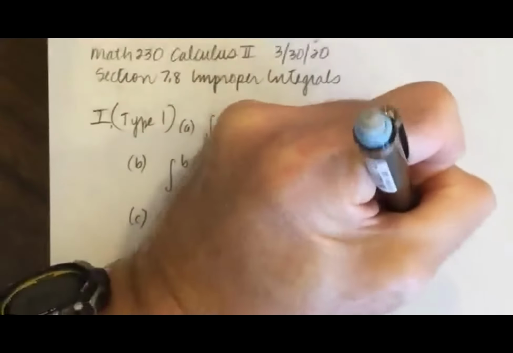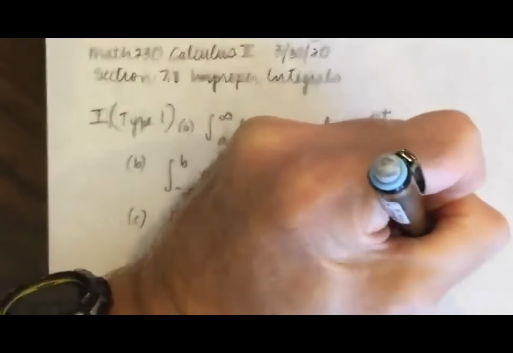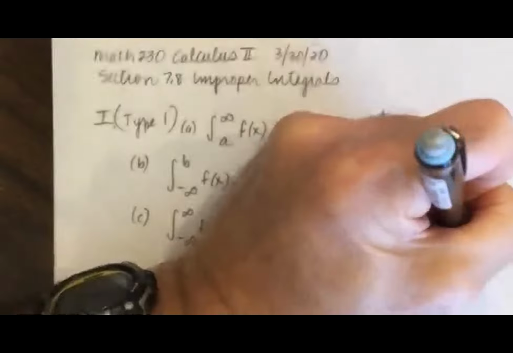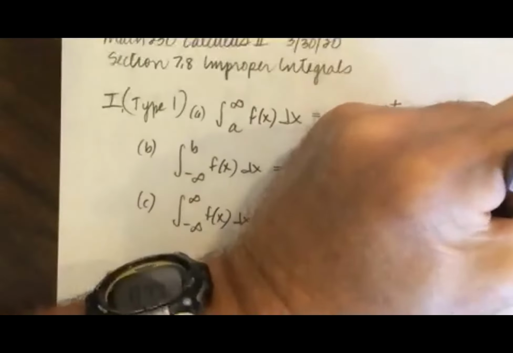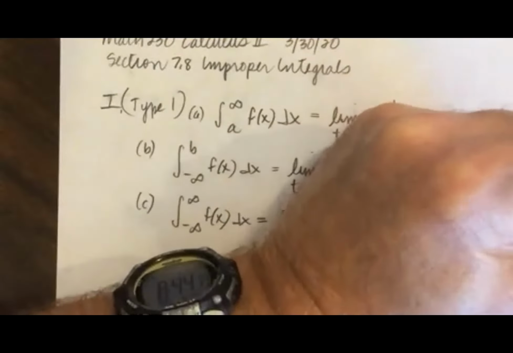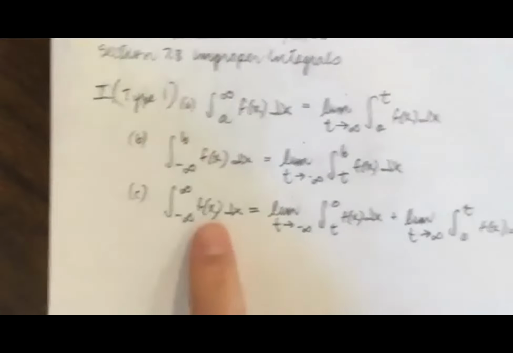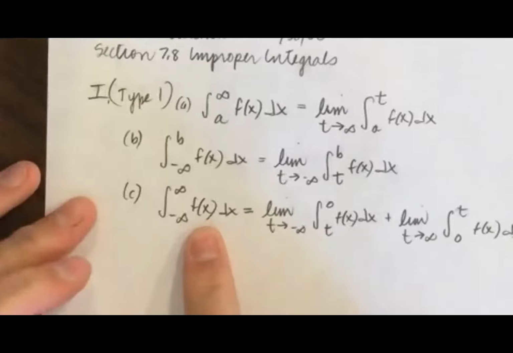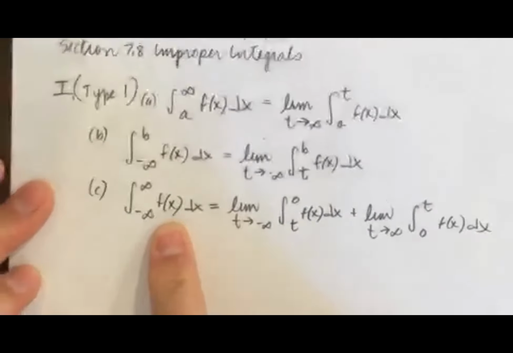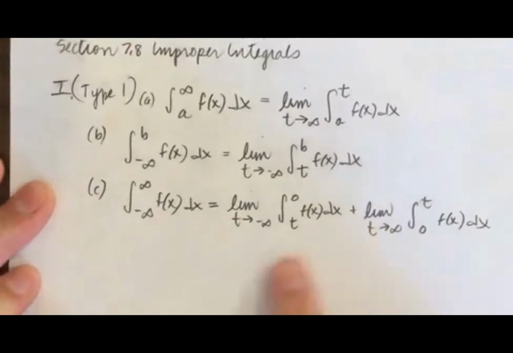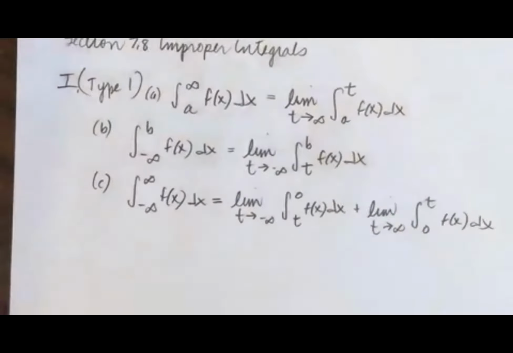And add to it the limit as t goes to infinity of the integral from 0 to t of f of x dx. Okay, so this improper integral is going to exist if both of these exist, and they're going to exist if the limits exist.